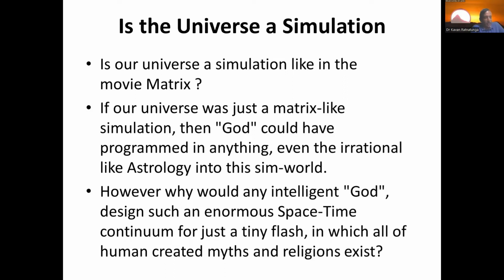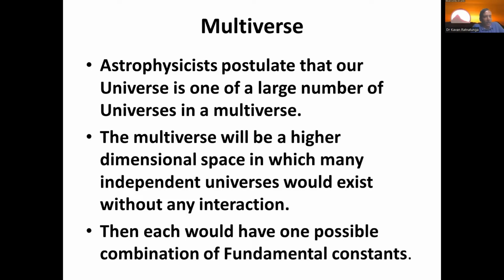As I showed right in the beginning of this lecture, we occupy a tiny bit of space-time, a minute region of the universe, for a couple of cosmic seconds, practically a flash. It doesn't sound logical for anybody to create a simulation so large for such a small bit of space-time. So astronomers don't like that idea.